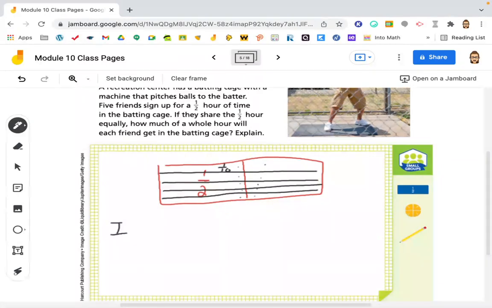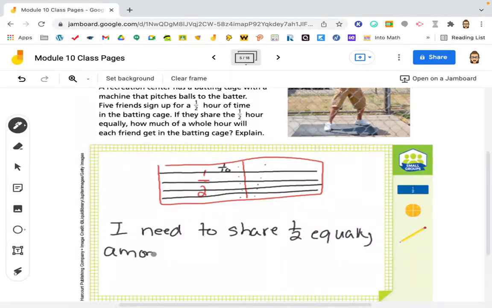So I need to share 1/2 equally among 5 people. I cut 1/2 into 5 pieces.